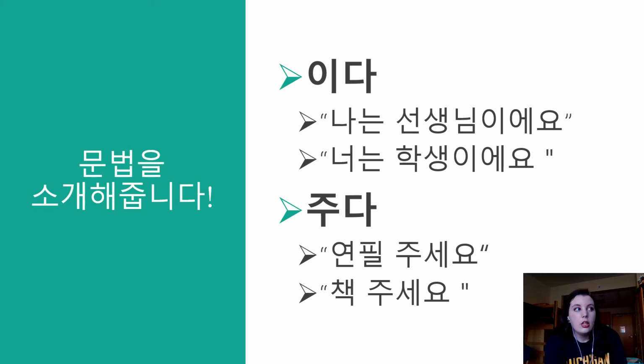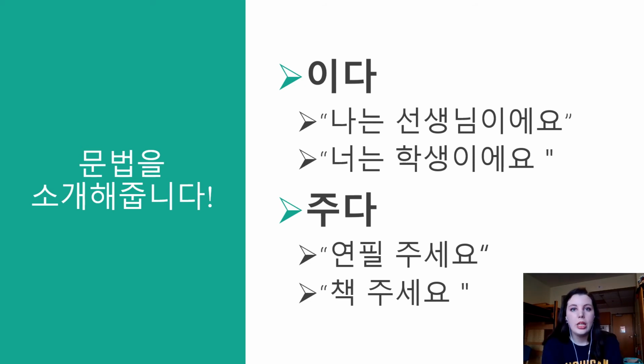If your name ends in a vowel, you're going to want to substitute 이에요 for 예요. So, if I think of a name that ends in a vowel, Monica, right? It ends in a, right? 모니카. So, if your name was Monica, for example, I would say 너는 모니카예요. And this is just because we don't want to have two vowel sounds immediately next to each other, just for ease of pronunciation.